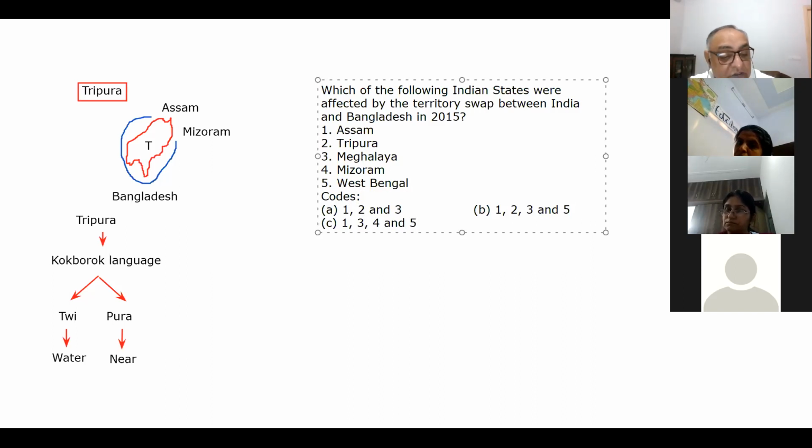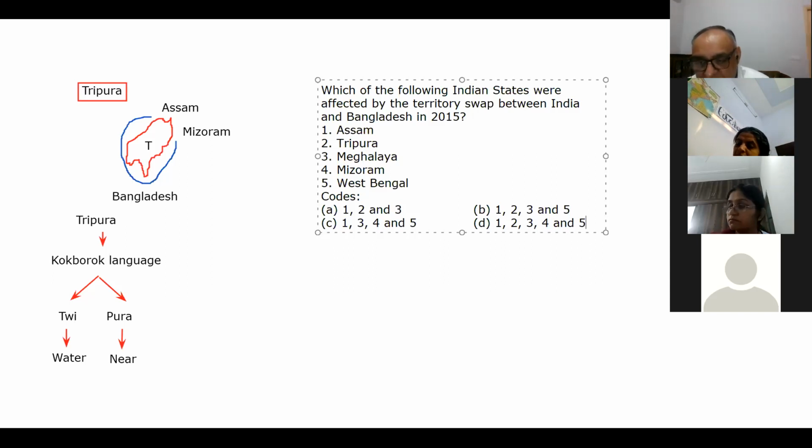And the fourth code which I am going to write here is 1, 2, 3, 4 and 5. So इसका आंसर आपसे पूछा जा सकता है.